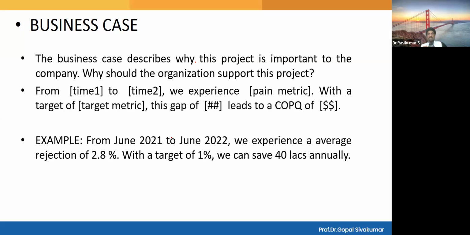Here is a statement from the period 21 to 22: the rejections were 2.8%. If you reduce it to 1%, we can save 40 lakhs annually. That will motivate and encourage the top management to provide approval for this project report. Right, guys? That is the only thing which motivates them.